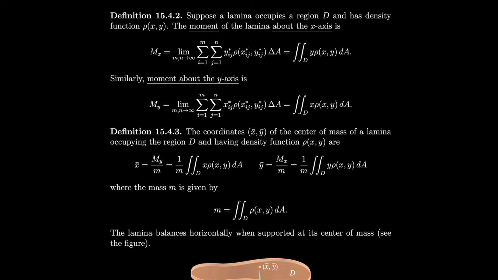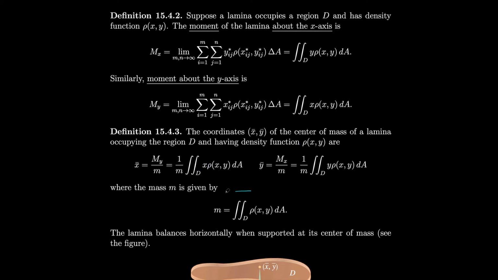The coordinates x bar, y bar of the center of mass of a lamina occupying region D and having density function rho are also defined pretty much the same way as before. We take the moment about the y-axis and divide by m, because that's the x distance, so that's our x bar, which is just 1 over m times the integral with an x thrown in, and then similarly for y.